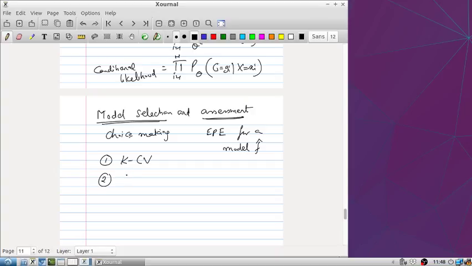It's called AIC and BIC. I should expand it: Akaike information criterion and Bayesian information criterion.